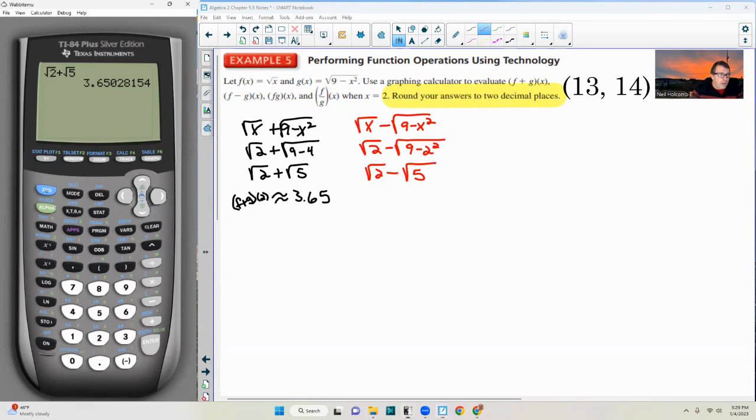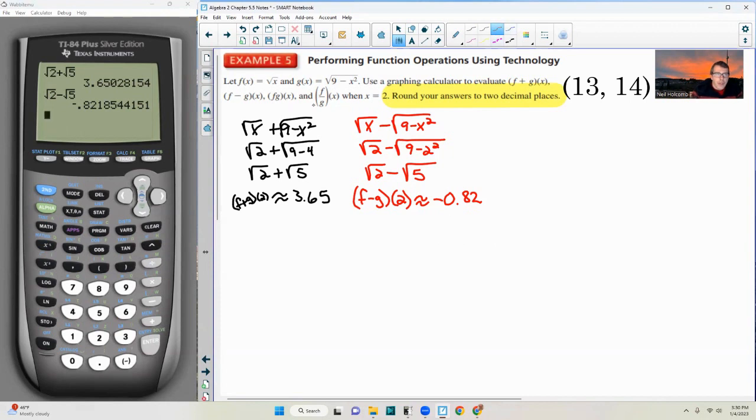And now I just go square root 2, get out of it, minus square root 5, enter. And I get f minus g of 2 is approximately negative 0.821. The third decimal place is a 1, so that just stays negative 0.82. Okay, that's f minus g of x.